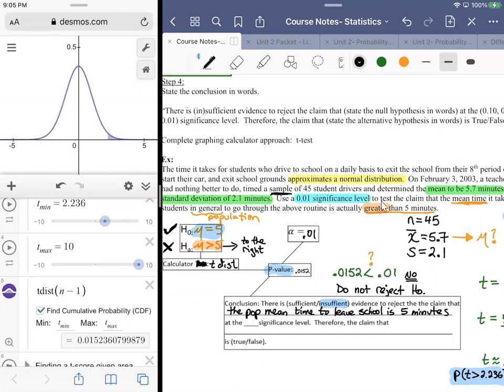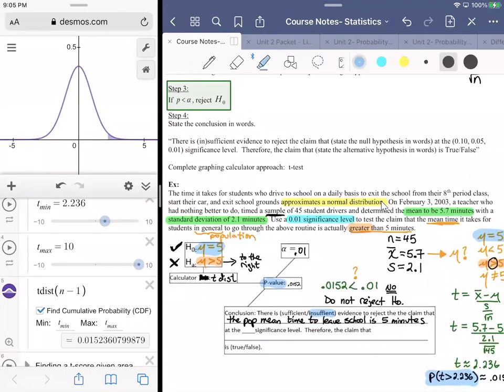Because the first part is where we state the null hypothesis in words. Population mean, that's the mu. Time to leave school, okay, that's helpful. Is, means equals 5, and then of course the units to go along with that: 5 minutes, 5 hours, 5 days, whatever. At the 0.01 significance level.